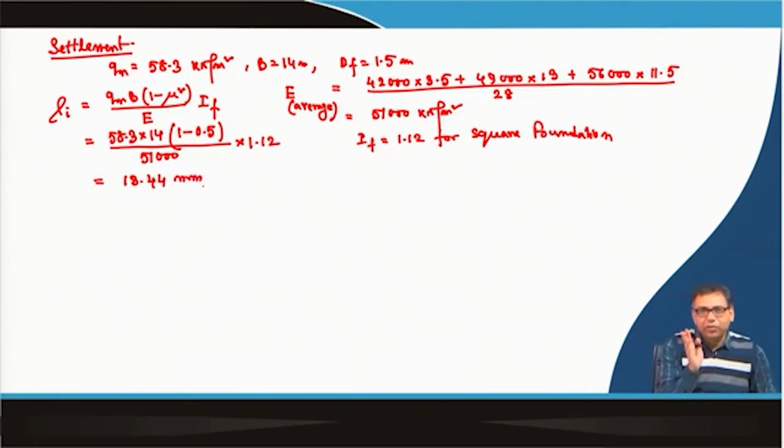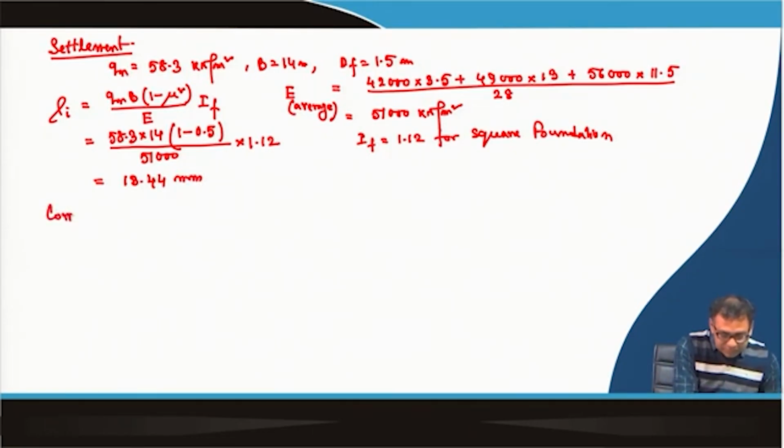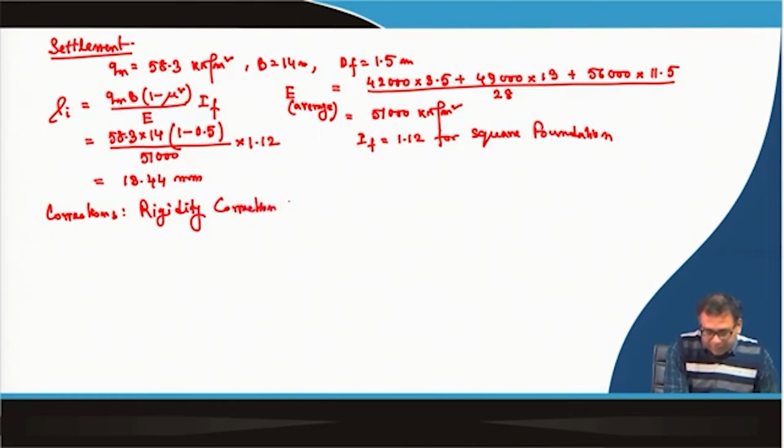Now, we have to apply two corrections. One is the rigidity correction factor, which is equal to 0.8.